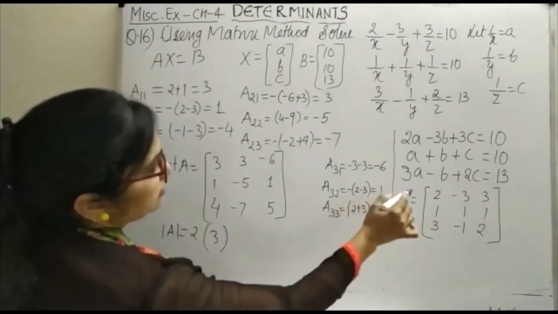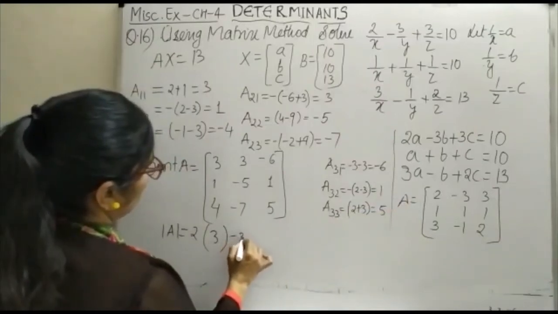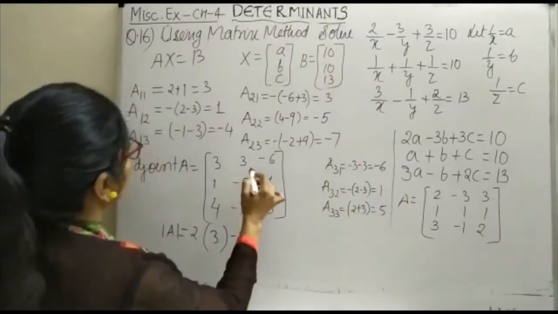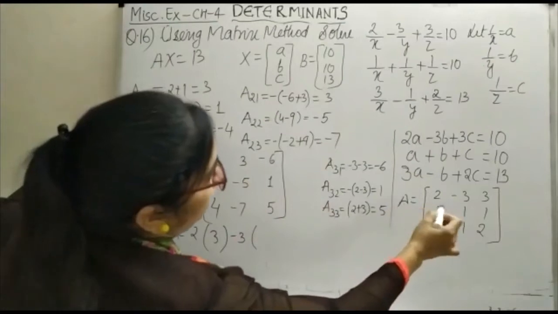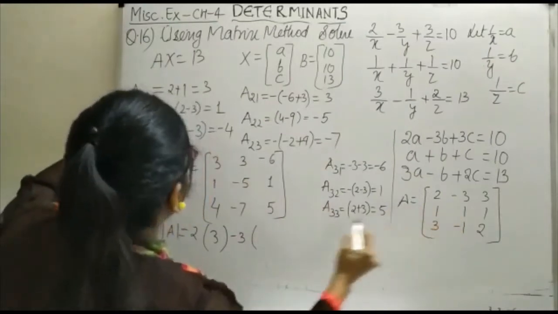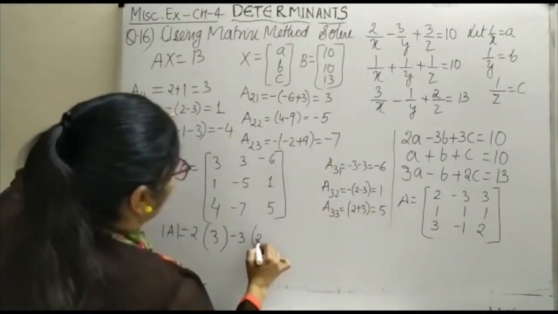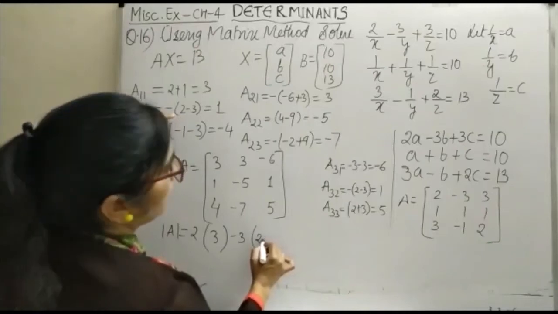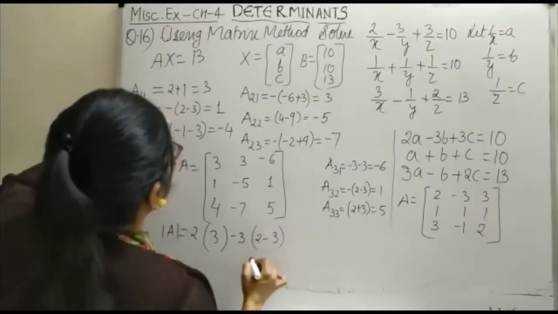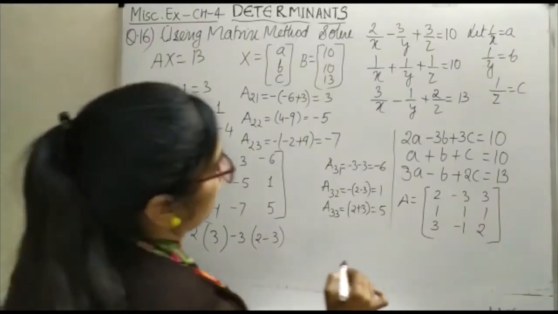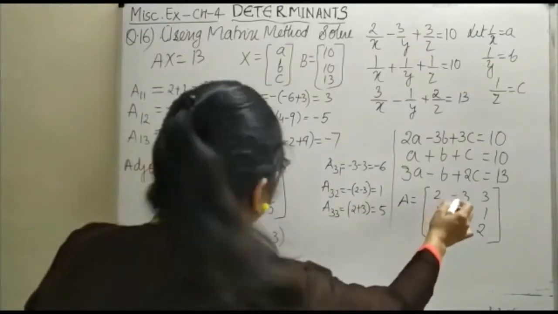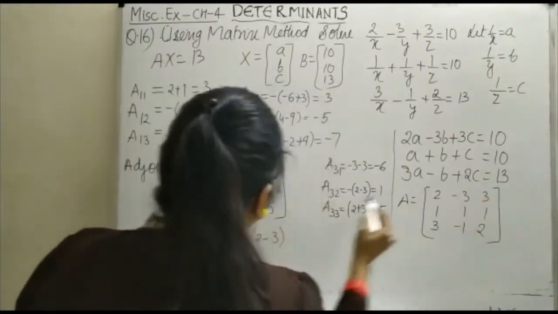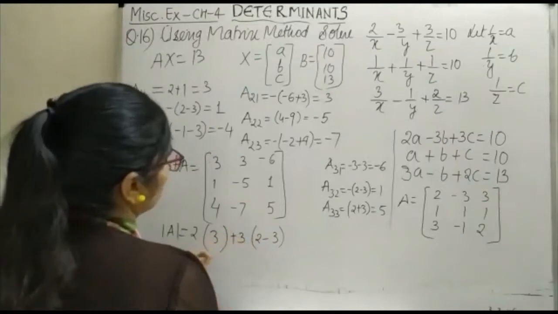The next is minus 3 into (1 into 2 minus 3); we keep one minus here because this is the odd position, so it will be plus.